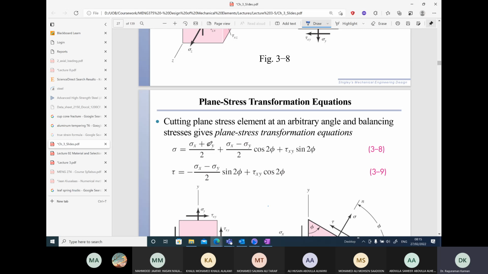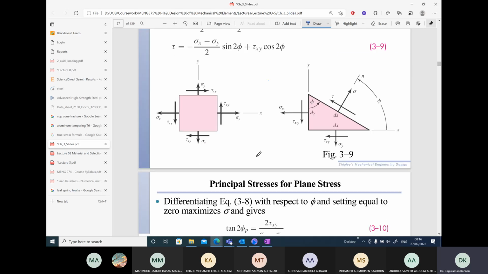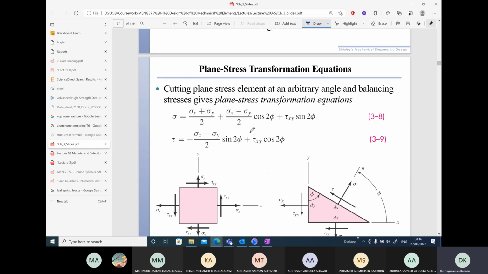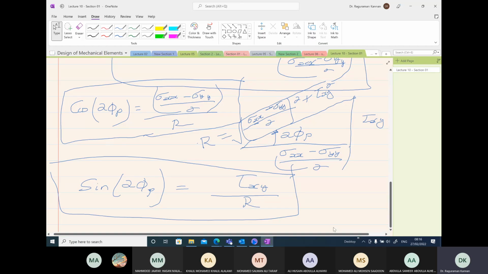You have the first term, and the second and the third term, when you substitute for cosine 2 phi p, we will get finally this formula. So let's check it by substituting here.